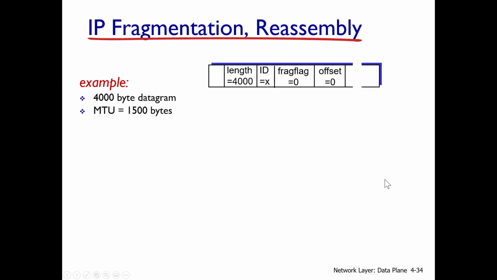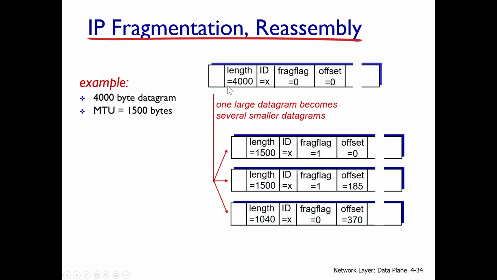Let's see it in an example. Let's assume that we have a 4,000 byte datagram and we are using the Ethernet protocol. We are using an Ethernet cable, basically. So this is one large datagram, 4,000 bytes, with some ID, fragmentation flag 0, and offset 0, because this is only one huge packet.